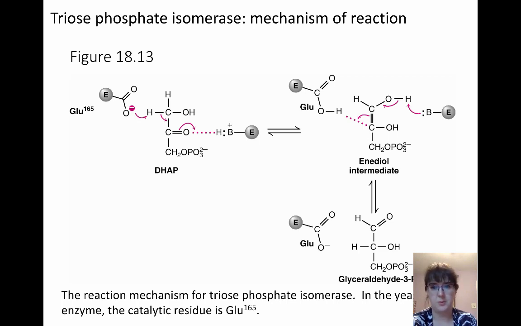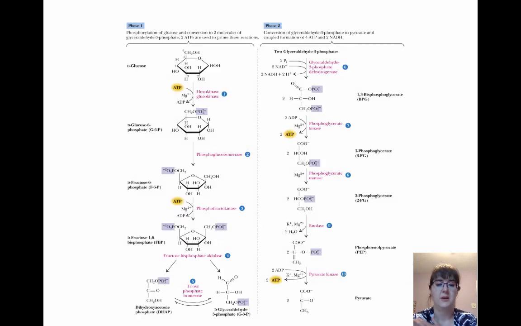Finally, a proton is added across that double bond to move that ketone to the aldehyde at the end. That leaves us with 2 molecules of glyceraldehyde 3-phosphate, which will start us off at the very top of phase 2.